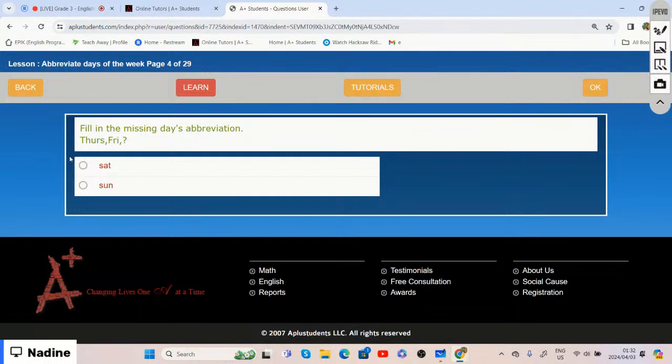Now, lastly, we need to fill in the missing day's abbreviation, right? We have Thursday, Friday. What is after Friday? Is Saturday after Friday or is Sunday after Friday?